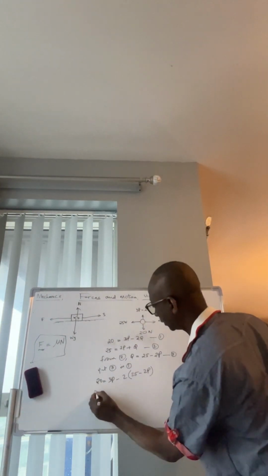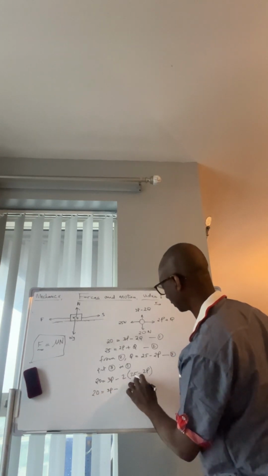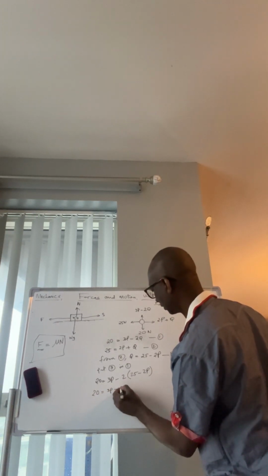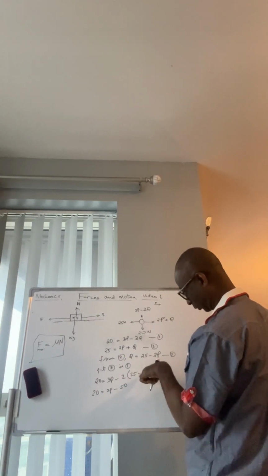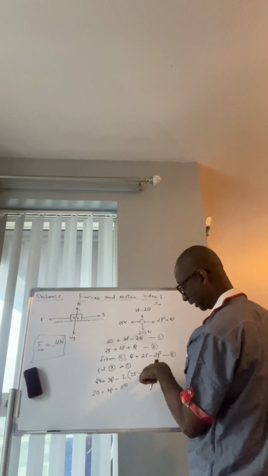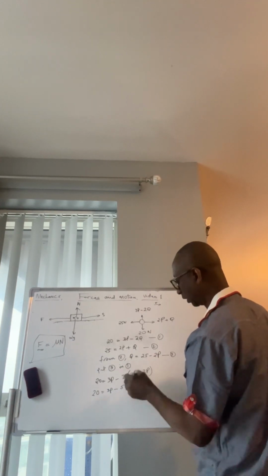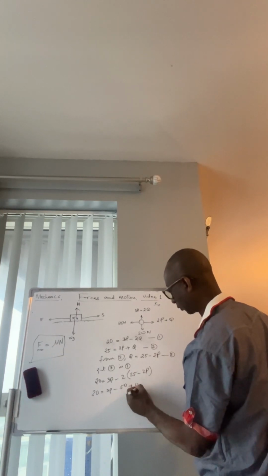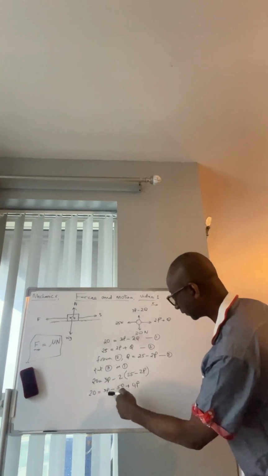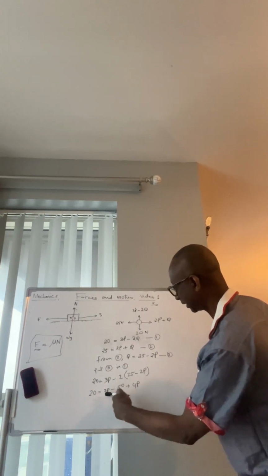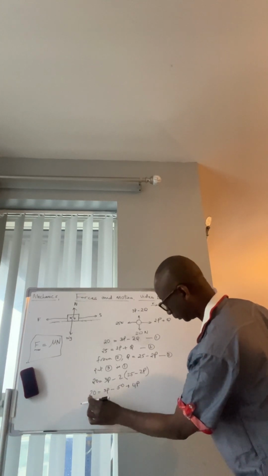So you have 20 equals 3p minus 2 times 25. This is 50. You have minus, there's a bracket. So this minus sign changes now to plus when you clear the bracket. So this is going to be now 2 times 2, so this is going to be plus 4p. So you have 3p plus 4p. This is 7p. And you have minus 50 here.